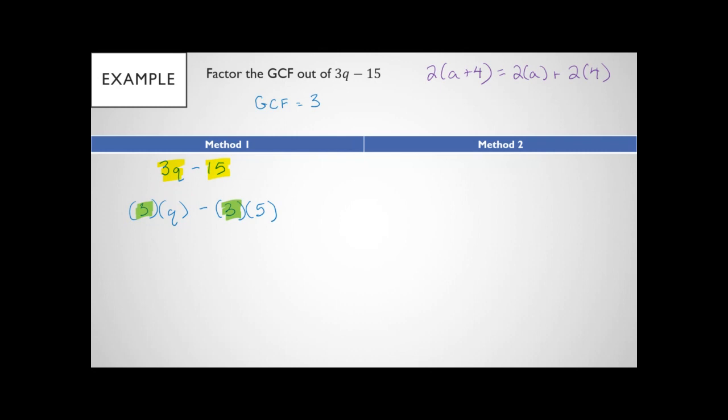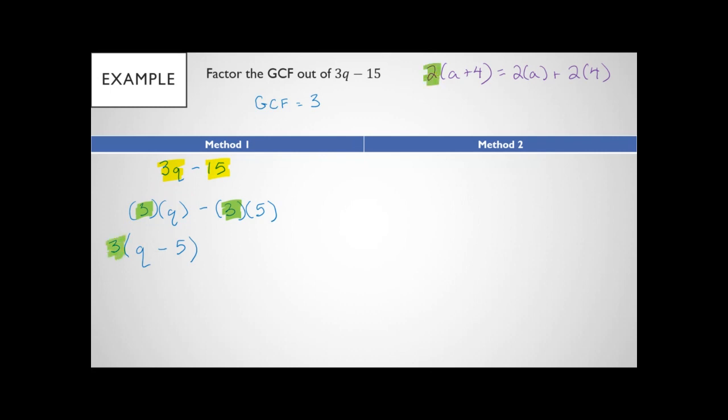If you reverse it, you end up with the 3 in front, if you follow the pattern, and then you end up with q minus 5. It's like you're pulling that out in front, and then you're left with whatever is left over that goes in parentheses. So that goes in the front right here.